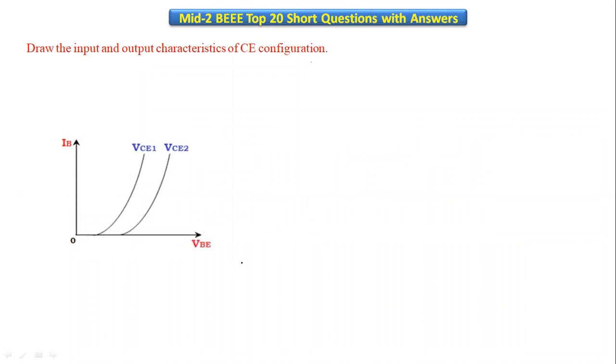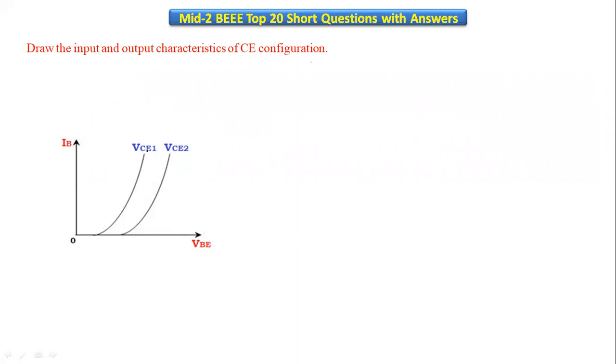The next question is draw the input and output characteristics of CE configuration. In common emitter configuration, the input characteristics are drawn between input current and the input voltage at constant output voltage. Here, input current is IB and the input voltage is VBE, and the output voltage is VCE.